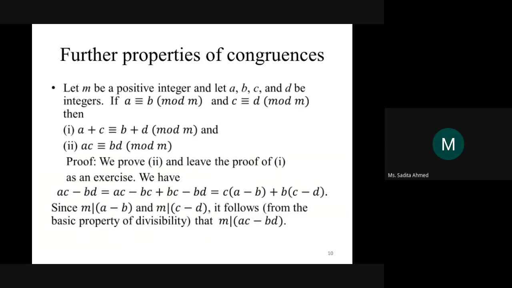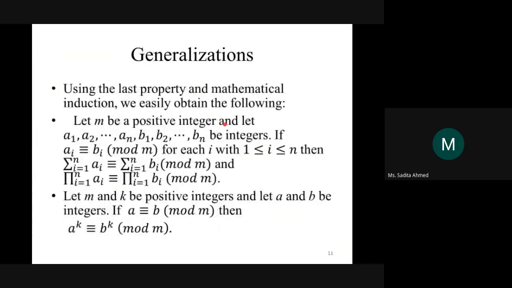We can say that. So basically what we're saying is that if there are two congruences in this format, and in both cases m is the same number, in that case, the summing of the left-hand side is congruent to the summation of the right-hand side mod m. So we can extend this property for a range of integers, all right?